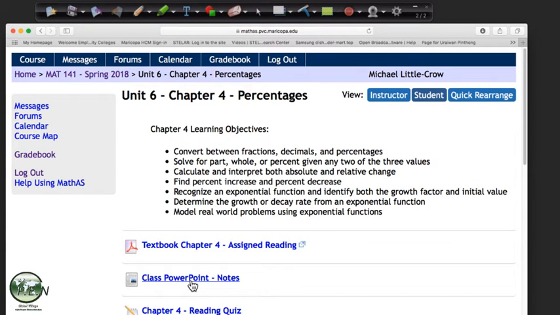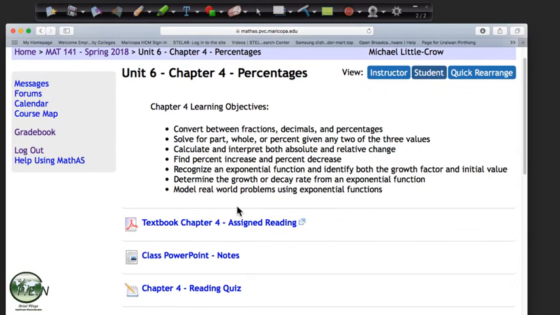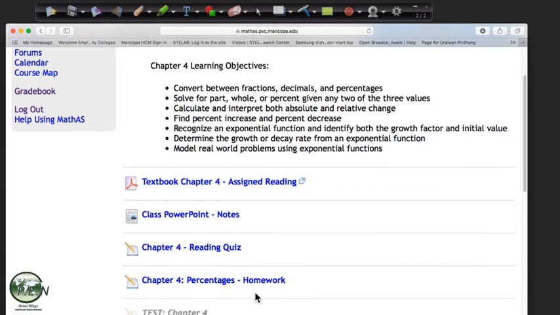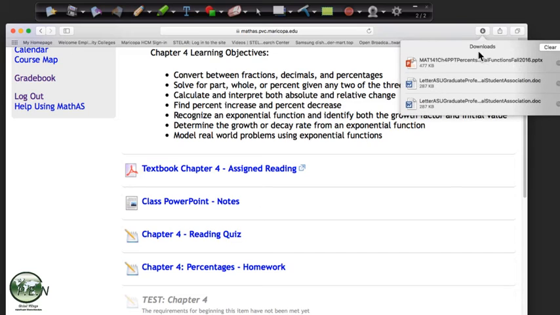We do have class PowerPoint notes. We have the assigned reading, just like normal, the reading quiz, the homework, and then the test will open up.